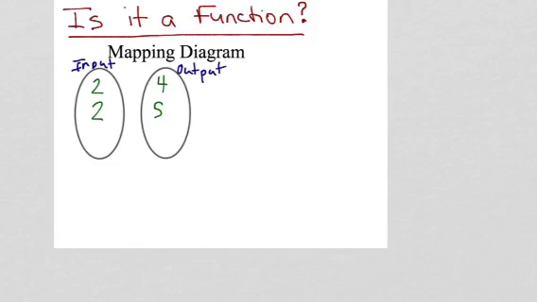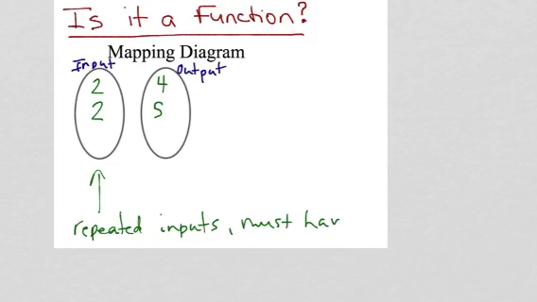So again, it's very, very simple. The only thing we're looking for are repeated inputs. If we have repeated inputs, the idea is that they must have the same output.